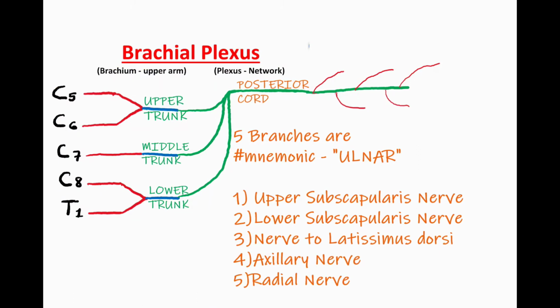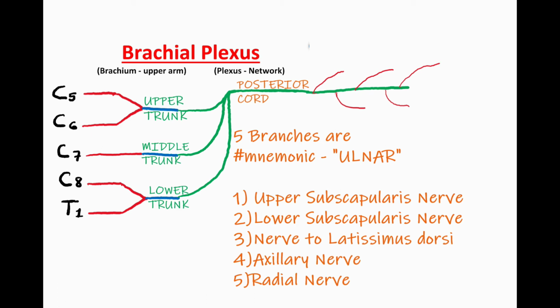From now onwards, things might get tougher, but to make it easy for you, I have again helped you with a mnemonic. You might be aware of this kind of mnemonic, but again this will make a revision for you. First completing the branches from the posterior cord, the mnemonic is ULNAR.